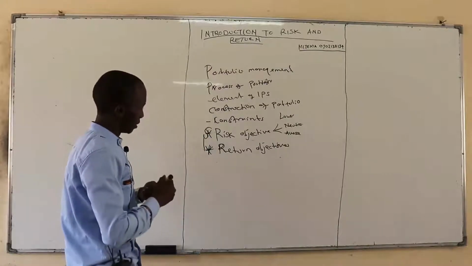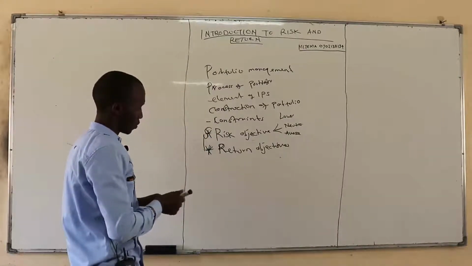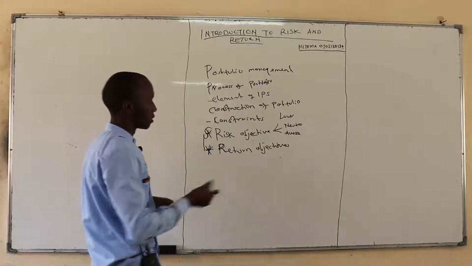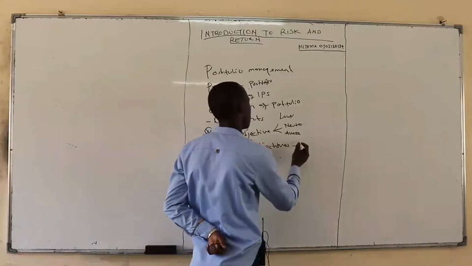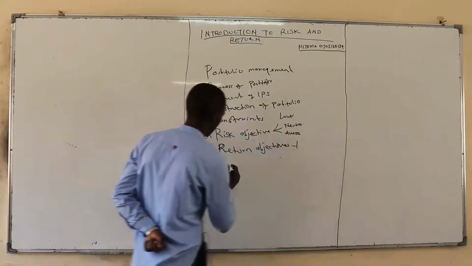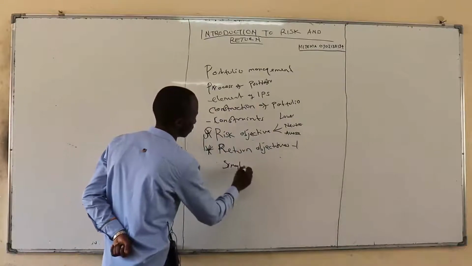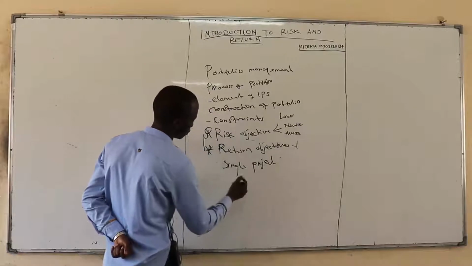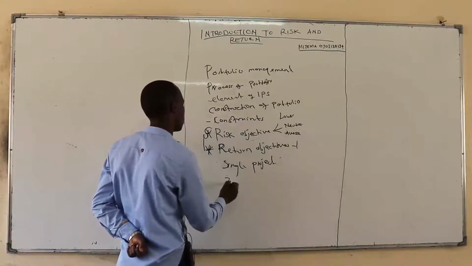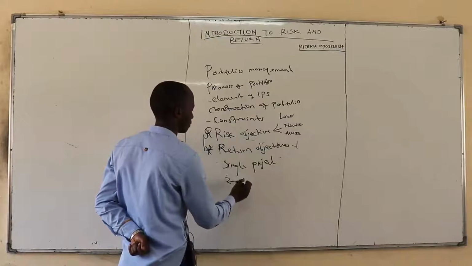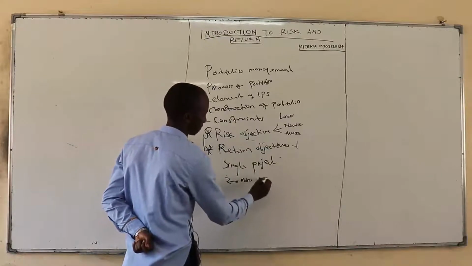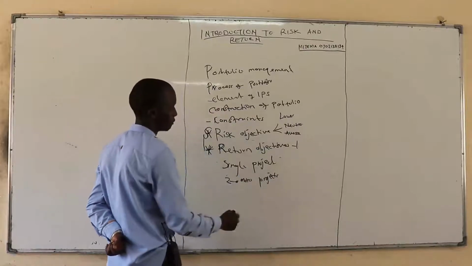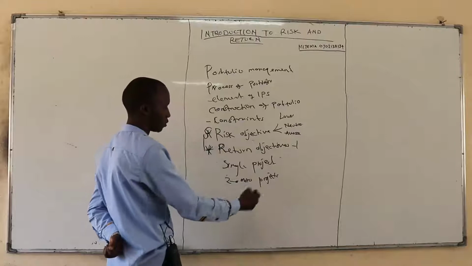In return, we have different formulas that we are going to use to calculate the return of a single project, or of two or more projects. At the same time, we are going to look at the risk involved in a single project, or even two or more projects.